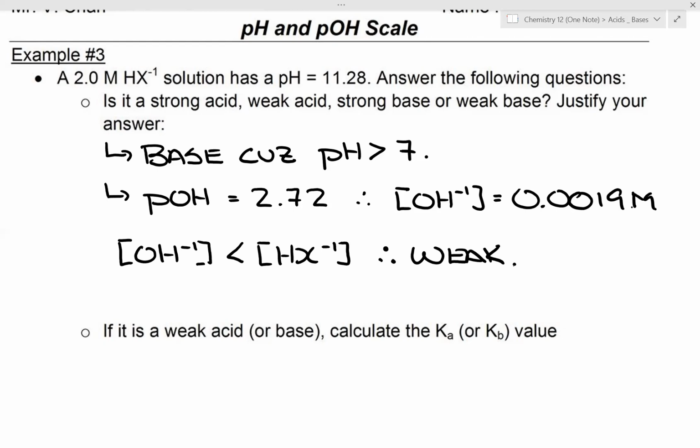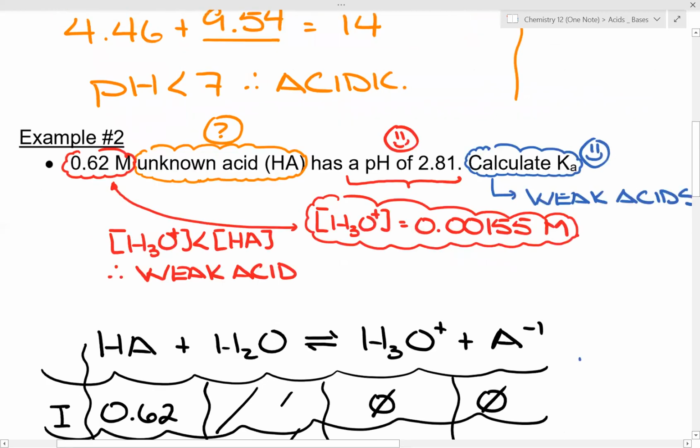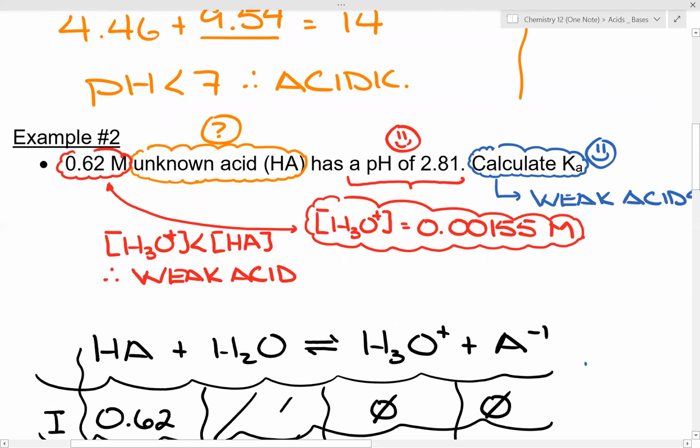Number one, you recognize it's a base because the pH is greater than 7. Now, because it's a base, you want to find the OH⁻ concentration. How is it different from this one here? Because that was an acid, with pH less than 7, that's why I found the H3O⁺.